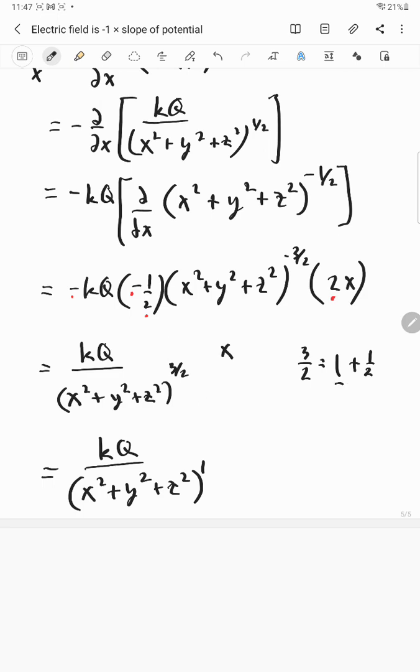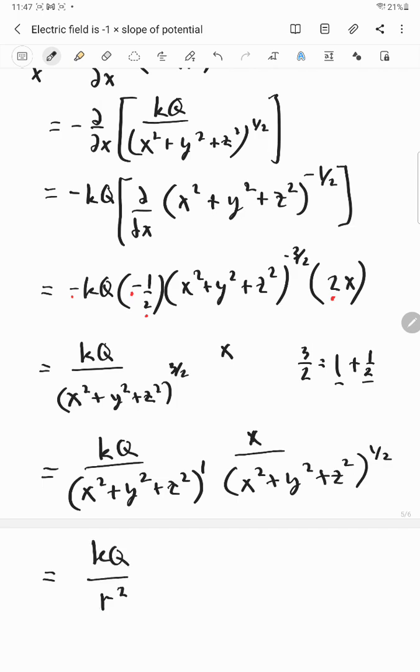And then I'm going to take the stray x and divide it by the rest. So what does this look like? This thing right here is actually r squared. X squared plus y squared plus z squared to the exponent 1 is the hypotenuse squared. So there's kq, and I've got x over r.